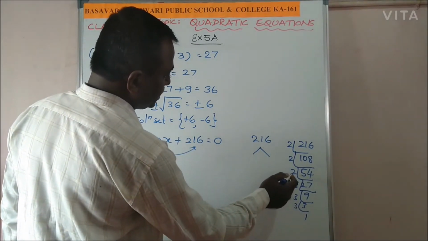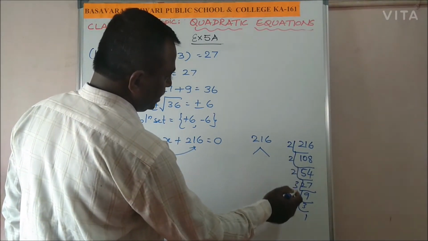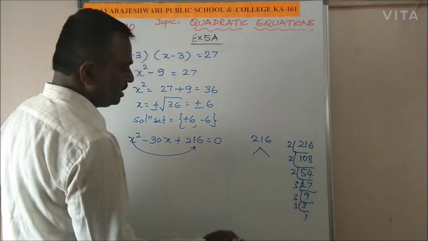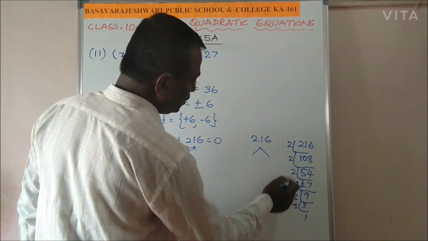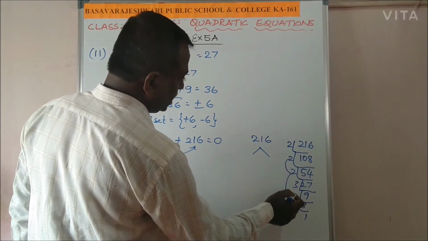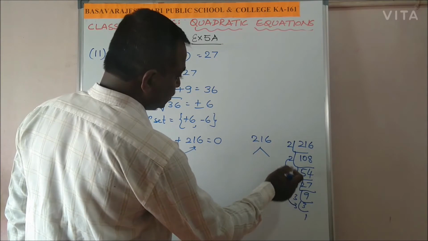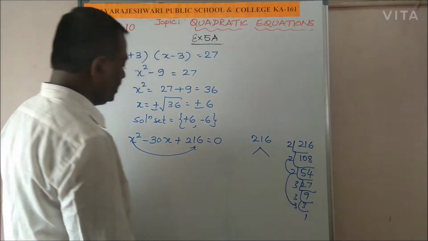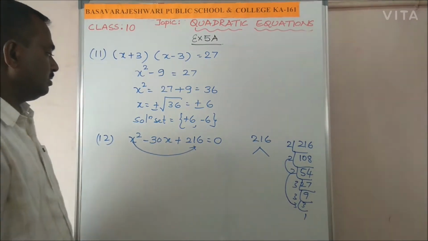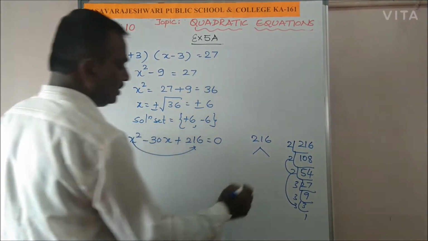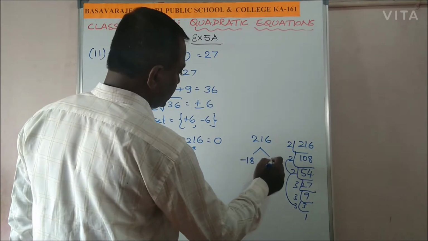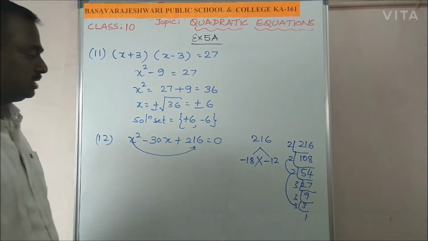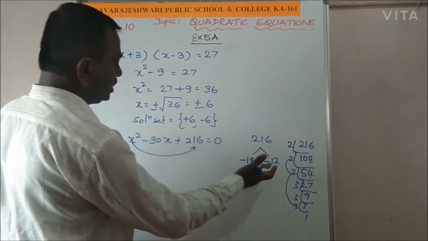3 sixes are 18, 3 nines are 27. 6 twos are 12, 3 sixes are 18, 18 plus 12 is 30. So minus 18, minus 12. Correct? Minus 18, minus 12. 18 plus 12 is 30.